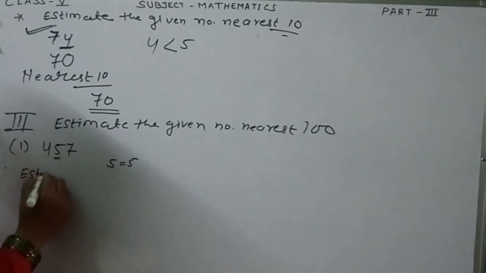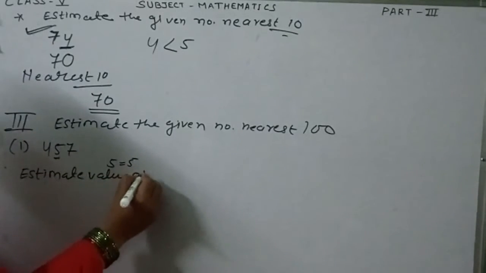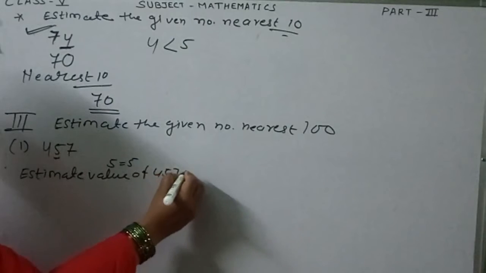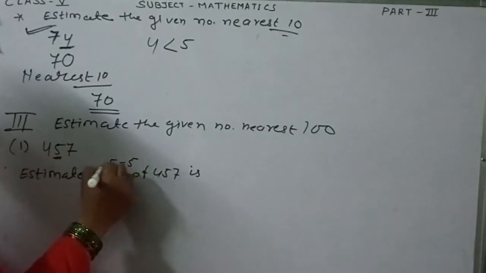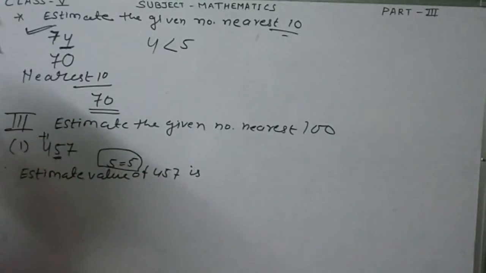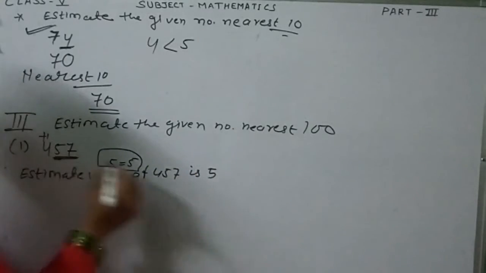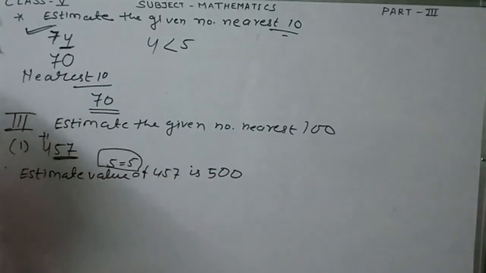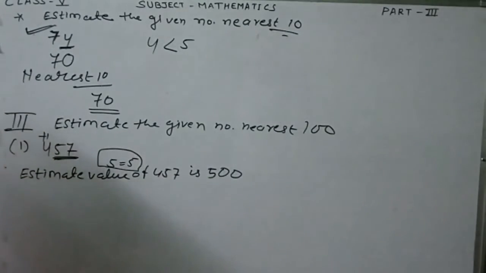You add one more to the 4, write 5, and the other two digits become 0. The estimated value of 457 is 500.